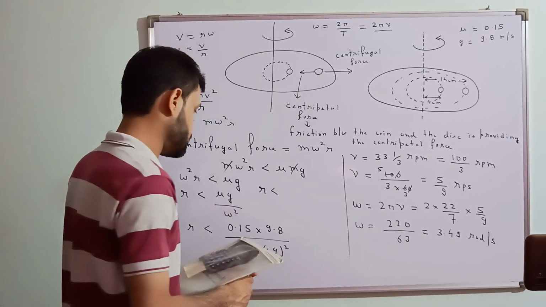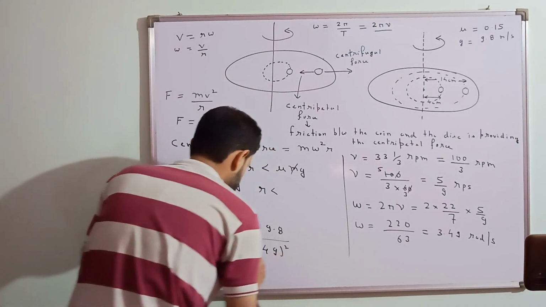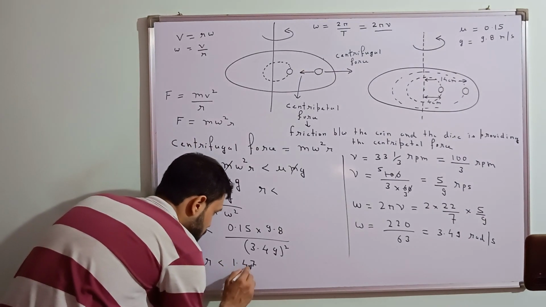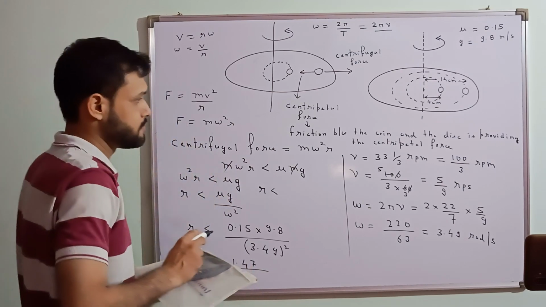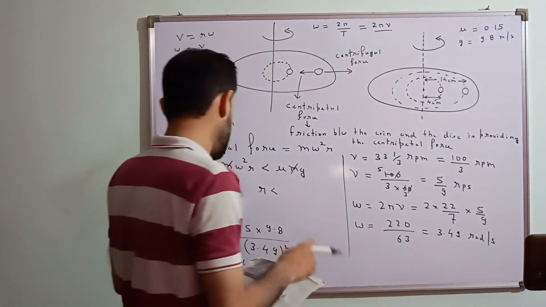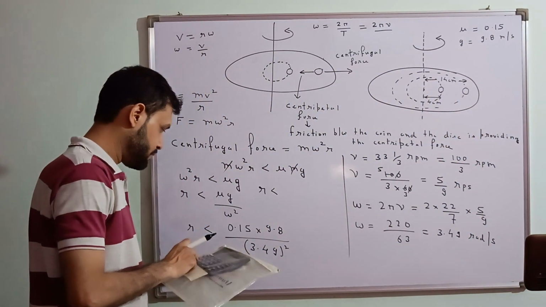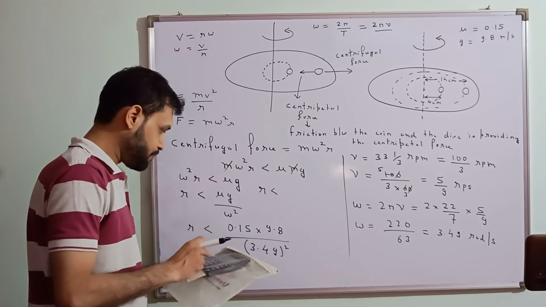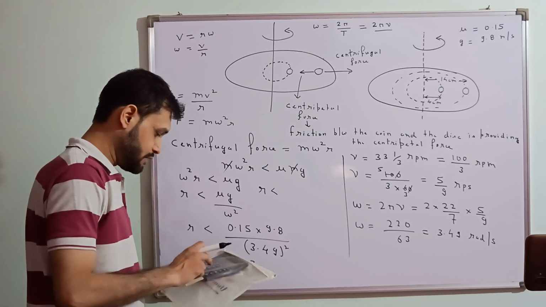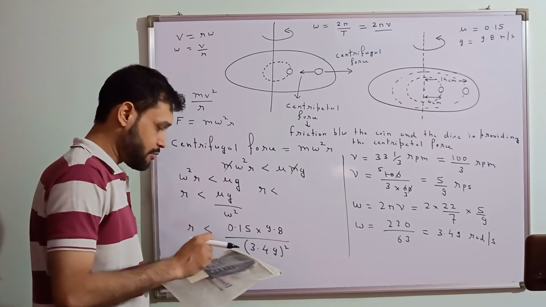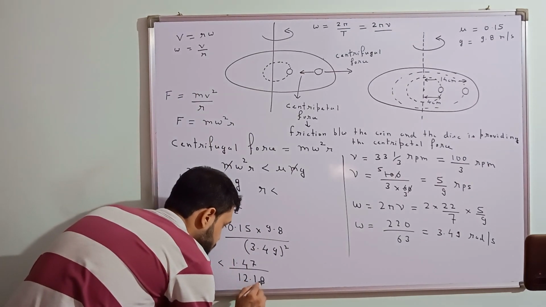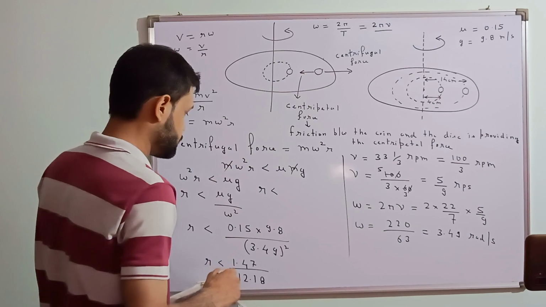I'm getting 1.47 in the numerator. And in the denominator, you can see, 3.49 into 3.49. How much am I getting? I'm getting 12.18. Is it okay? Any problem?